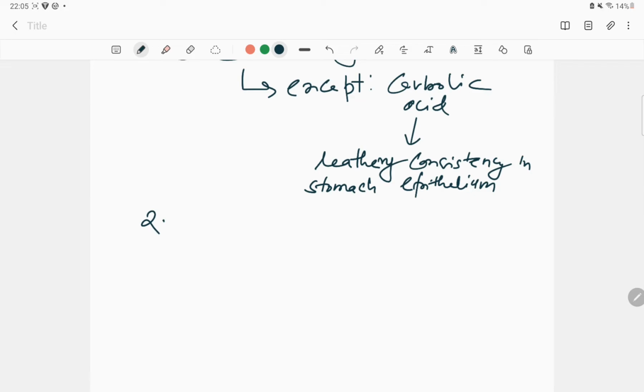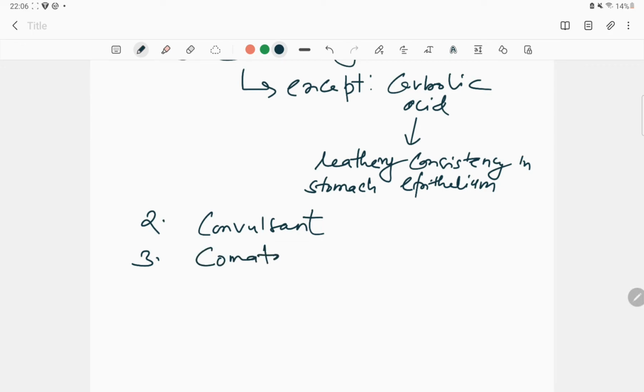The second C is convulsant. In convulsive poisons like strychnine, you should not do gastric lavage, as it can further cause convulsions. The third C is comatose patients.